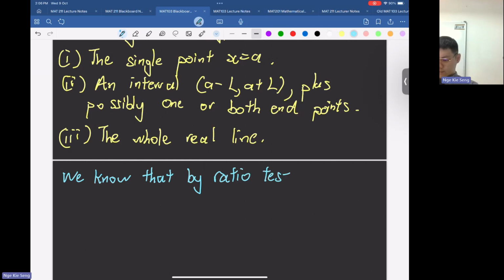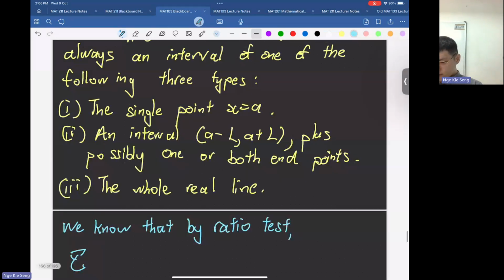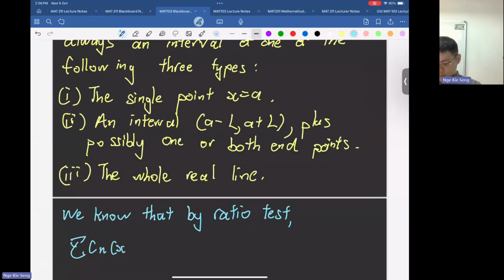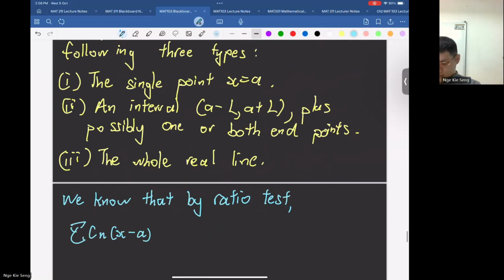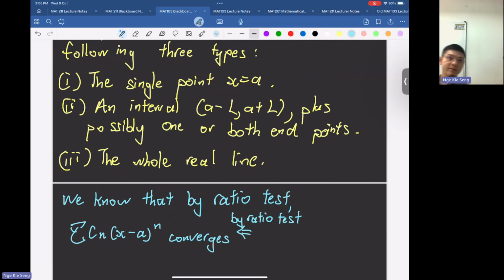By ratio test, the series sum of c_n times (x minus a) to the power n converges if, not if and only if, but there's something that implies this series converges, for which we use the ratio test. How do you use the ratio test here? The ratio test compares between the a_(n+1) and a_n terms. So what's the a_n term here?